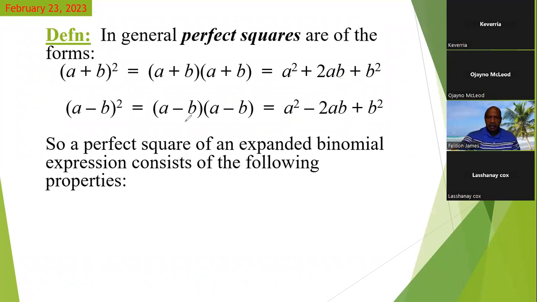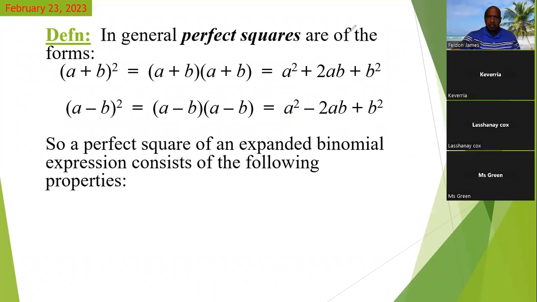All right, so with that said, we should easily identify a perfect square in the expanded form when we see it, because those are the things that we're looking for. What about when the perfect square is in the binomial form? What are we expecting?